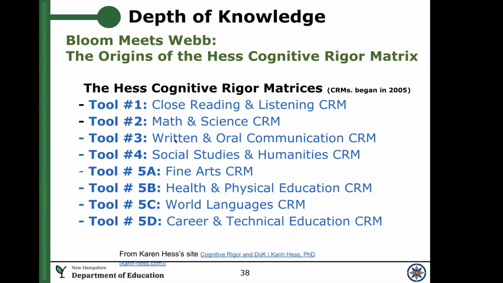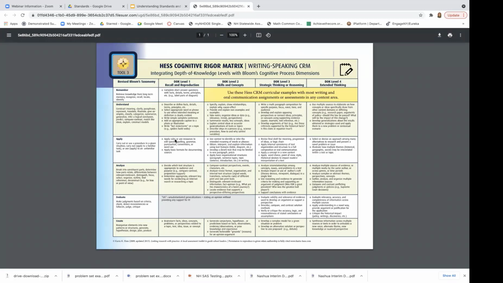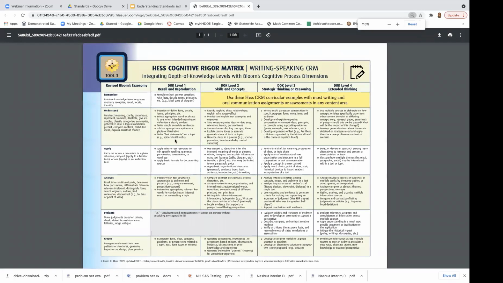So I'm just going to go into the written and oral communication one here. And what this shows you, and I'll make this a little bit bigger so that you can see it, is it looks at Bloom's taxonomy down here in the remember, understand, apply, analyze, evaluate, and create, and what depth of knowledge level 1, 2, 3, and 4 looks like for each one of those.